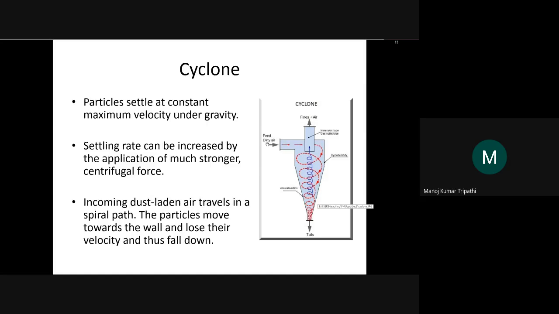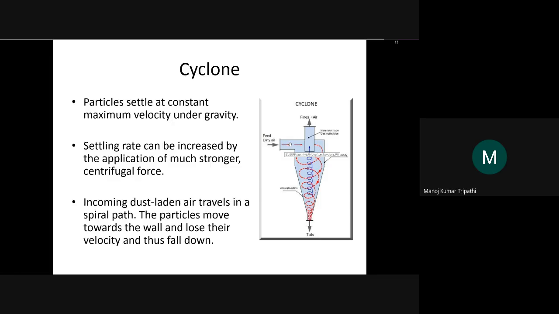Now you have some dirty fluid here from the left end. This is the inlet pipe. Dirty means it is mixed with some particulate matter which you want to separate. And this is off-centered.